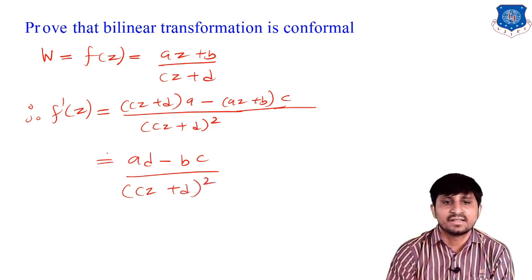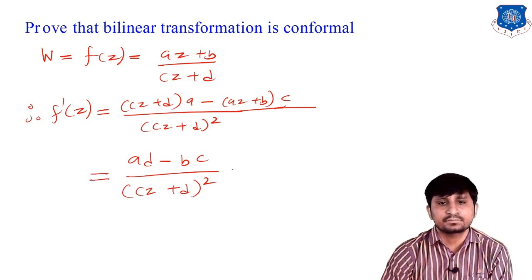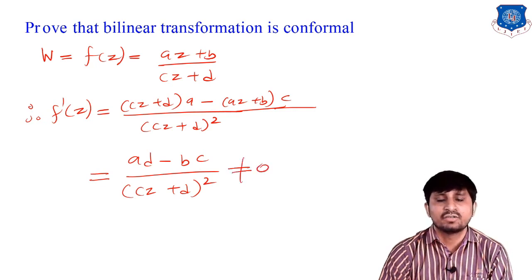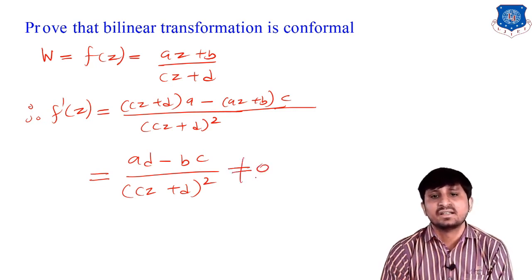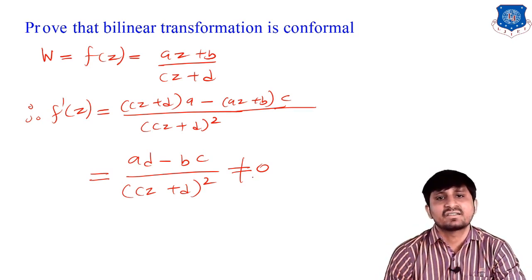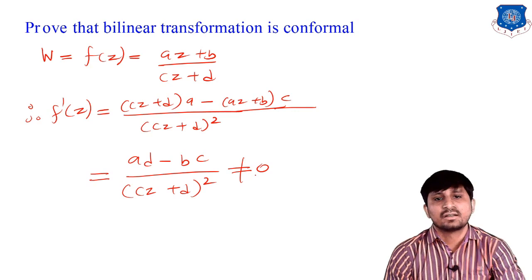Already AD minus BC is not equal to 0, so f dash Z is not equal to 0. Clearly, the bilinear transformation is always conformal.